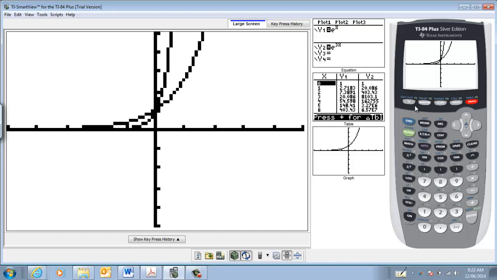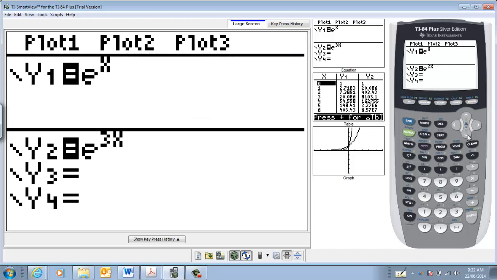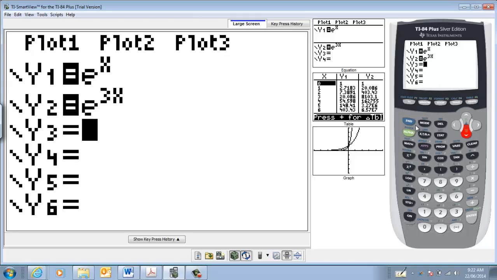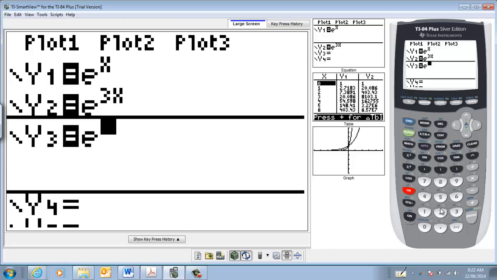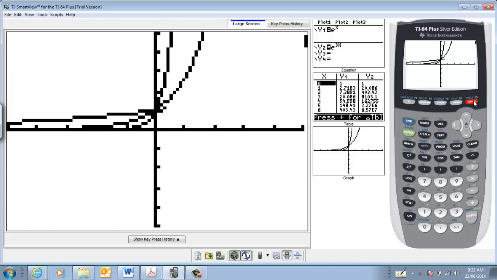And then we could try one where we've got e to a fraction, so let's go e to the 0.2x, and see what that looks like. And you can see that's obviously less steep.